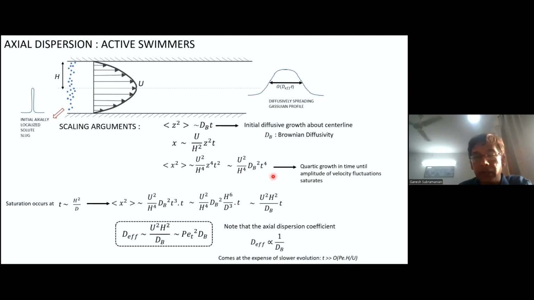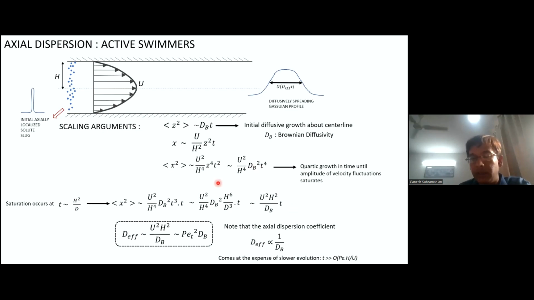And if it's an unbounded quadratic flow, the evolution along the axial direction will never be diffusive, because the scaling will be with t power 4. But for a bounded flow, there comes a point, which is a time scale of h squared by D, when the solute has sampled all the velocity fluctuations available. And that's when the t power 4 growth saturates, and it gives rise to a diffusive growth.